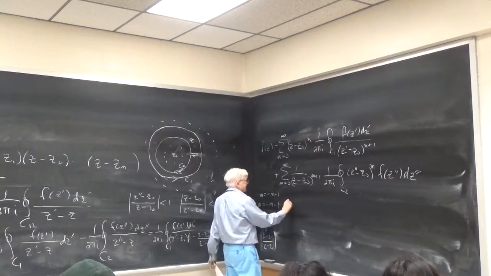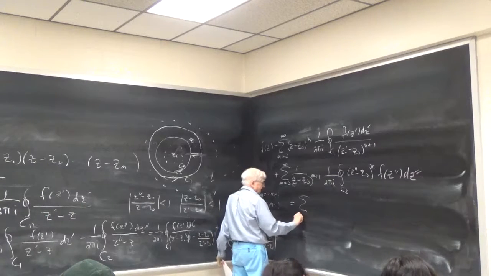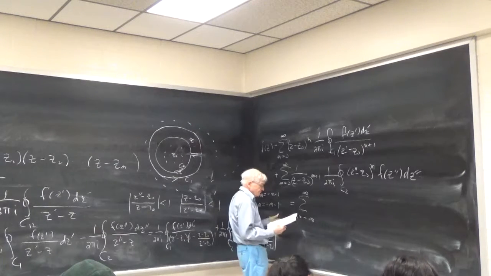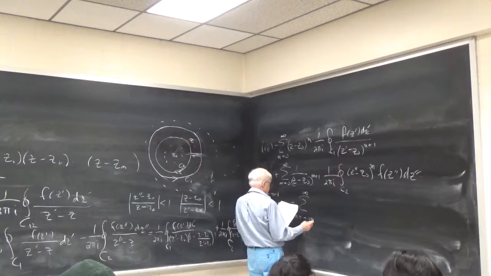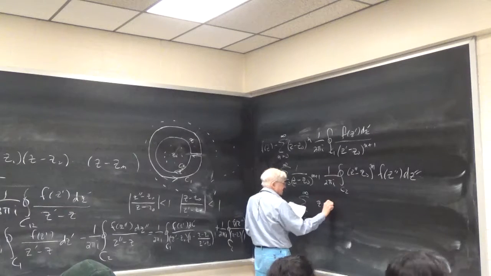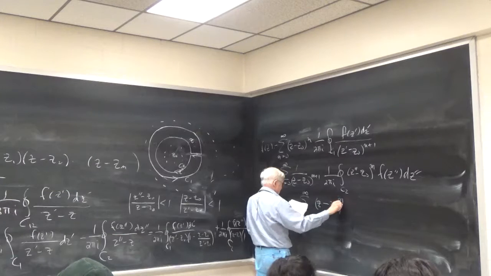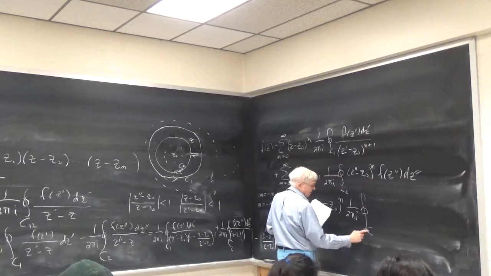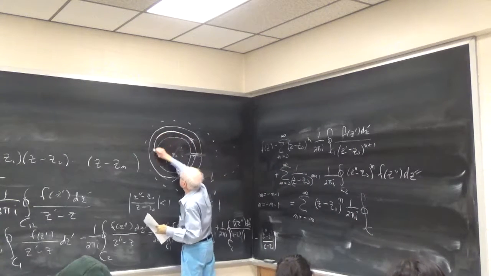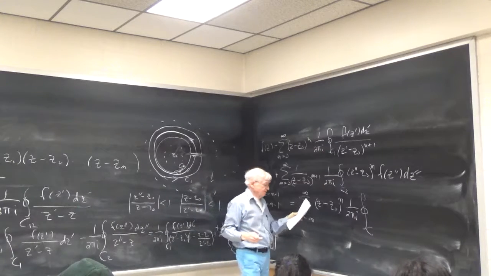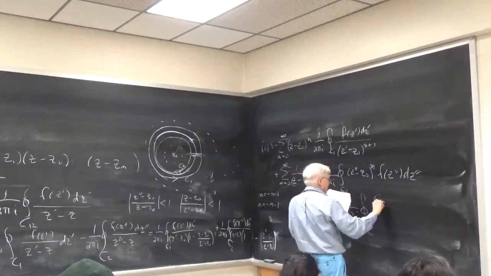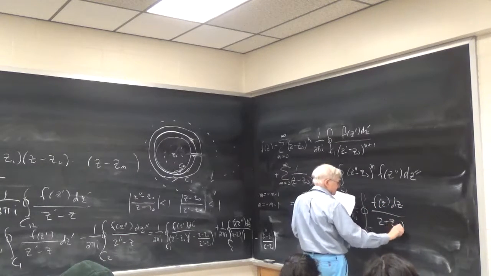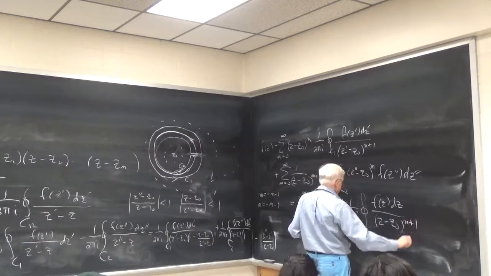So what we have then is that f of z is a sum n equals minus infinity to plus infinity of z minus z0 to the n times 1 over 2 pi I, the integral over the circle C that the two of them are merged into, of f of z dz over z minus z0 to the n plus 1.